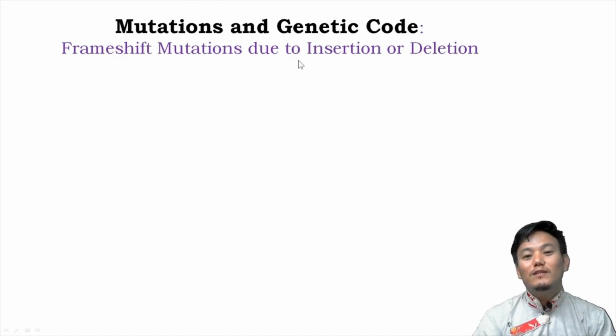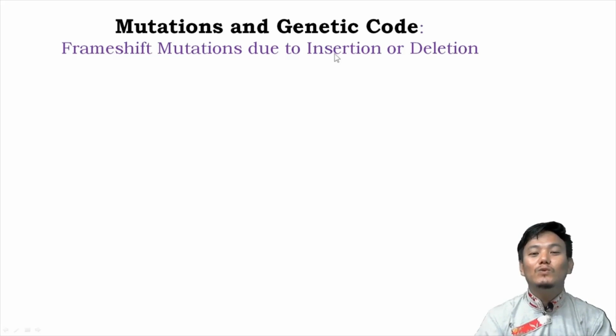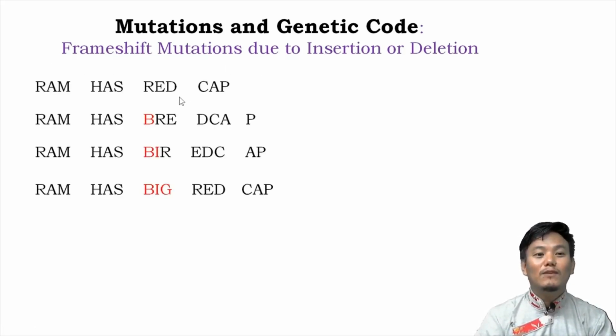Over here we will discuss another form of point mutation called insertion or deletion. Insertion or deletion of one base in the genetic sequence will lead to a mutation called frame shift mutation. In order to understand what a frame shift mutation is, an example is given in our textbook. This particular sentence is given: Ram has red cap.